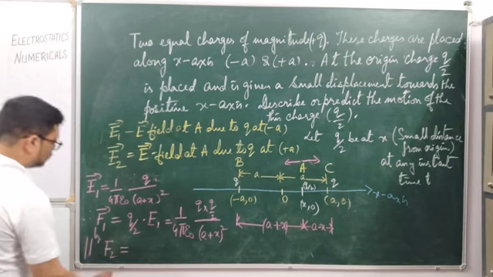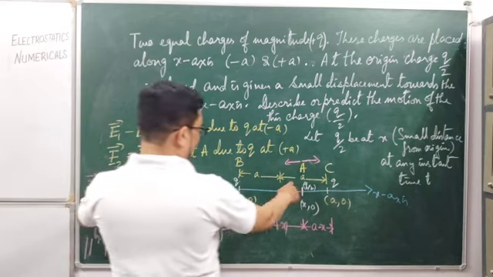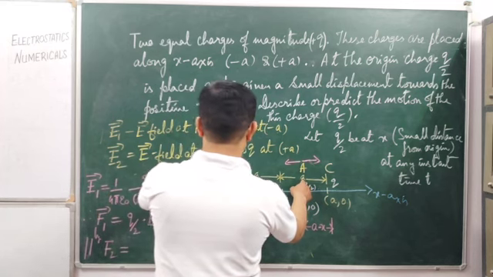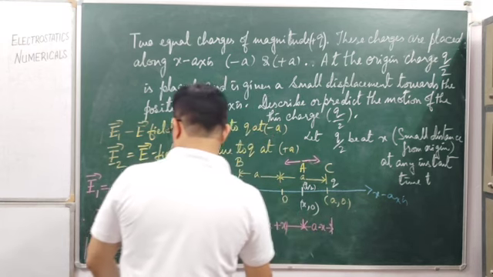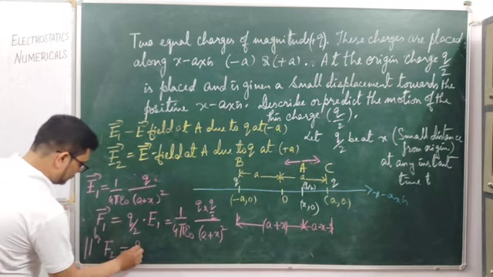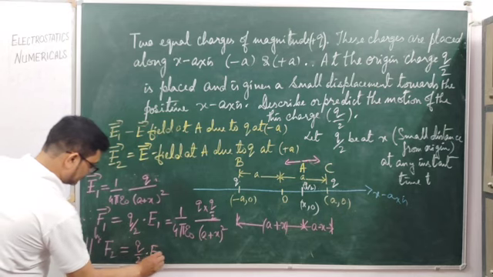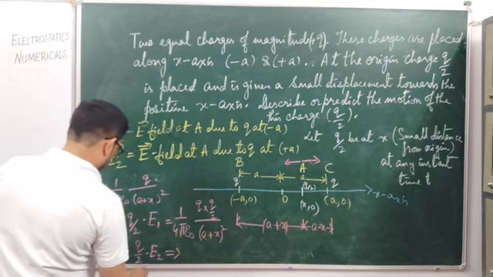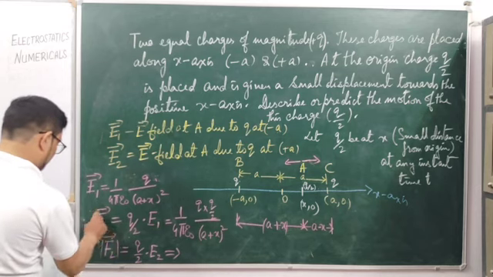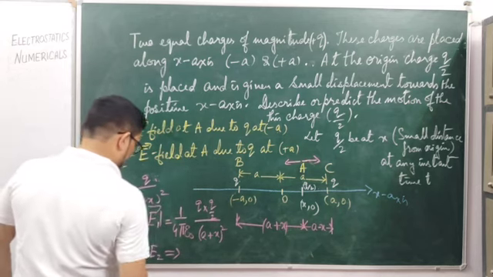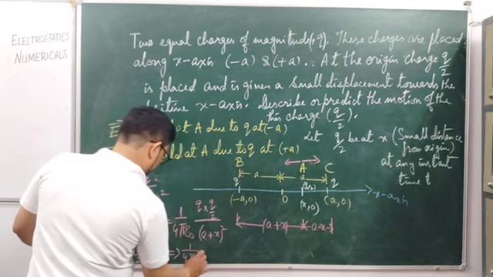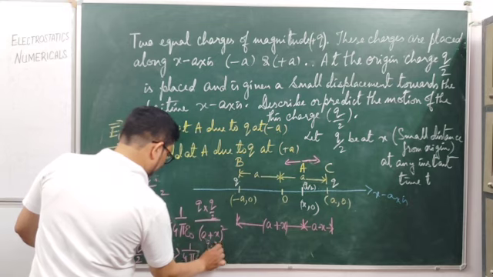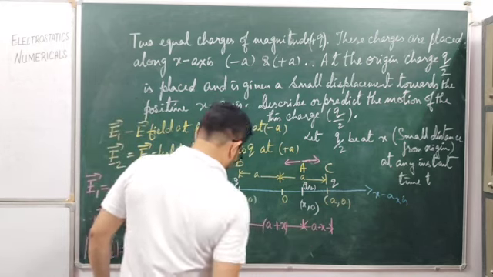Similarly, we can write F2, right? So E2 is the electric field at A because of what? Because of this Q at A. So it's going to be the opposite direction, and the force is going to be Q over 2 times E2, so the magnitude of the force comes out to be 1 over 4 pi epsilon naught, everything remains the same, Q times Q over 2, divided by, now the distance here is A minus X, right?